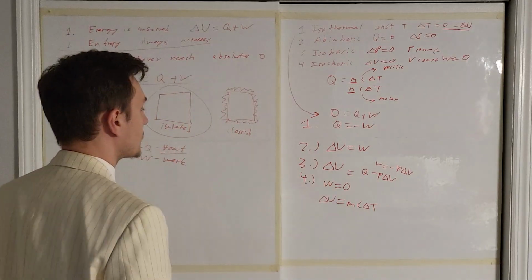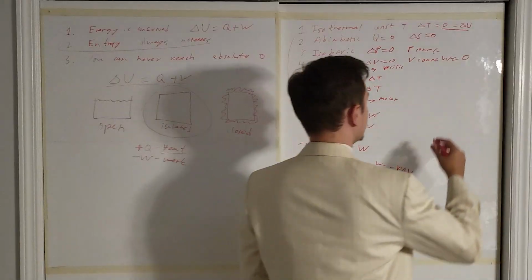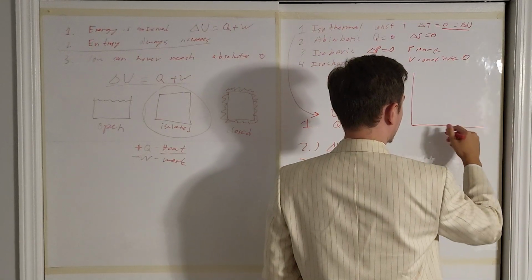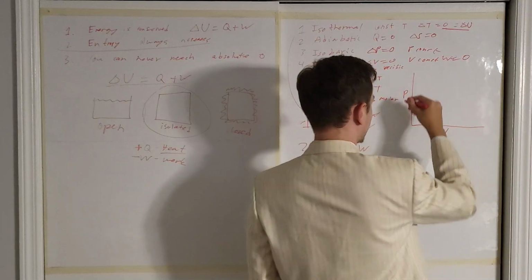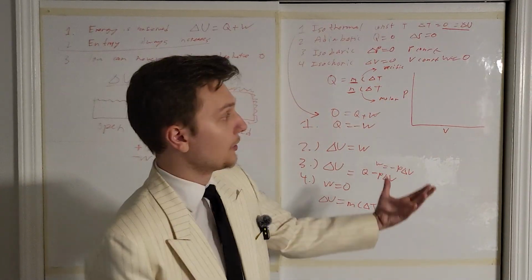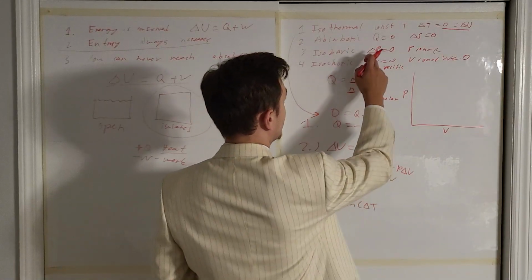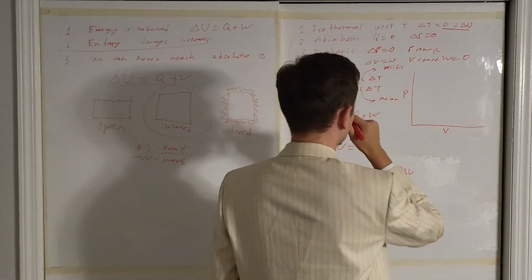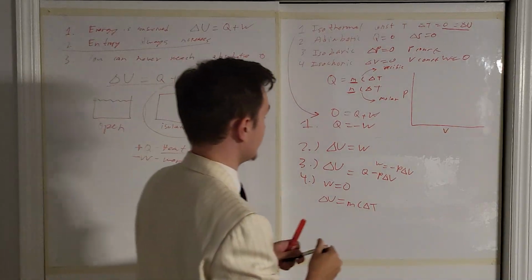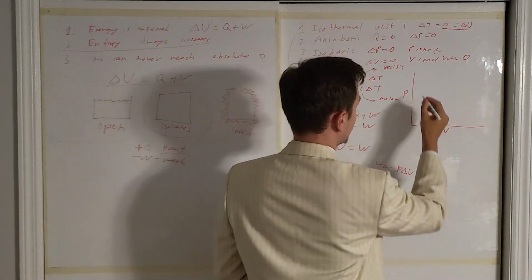Now let's talk about what all of these look like on a PV diagram, on a pressure volume diagram. Okay? So I've got volume here on my x-axis, I've got pressure here on my y-axis. Okay, so let's talk about the easy ones first, okay? When there's no change in pressure and there's no change in volume. Let me do isobaric in green. Isobaric means no change in pressure.